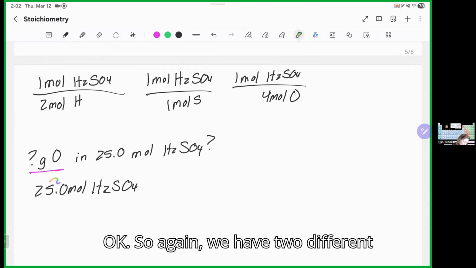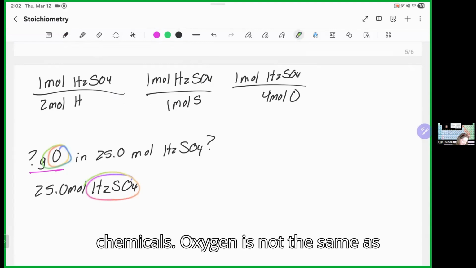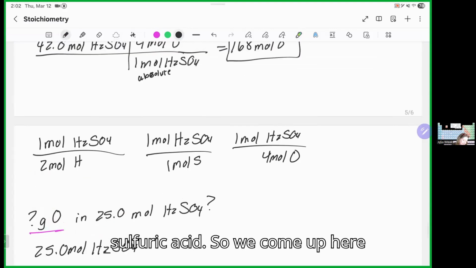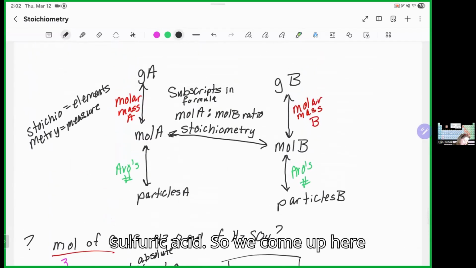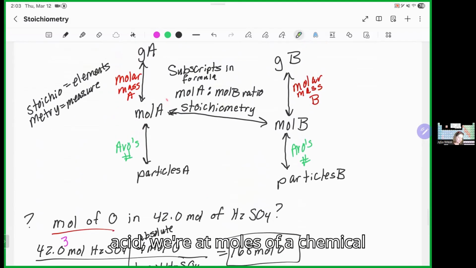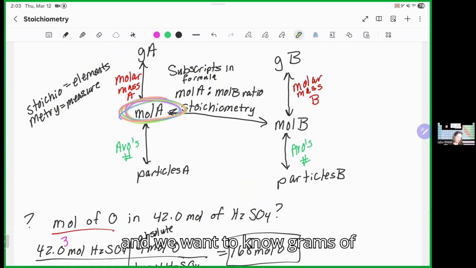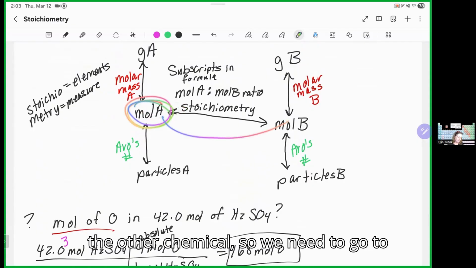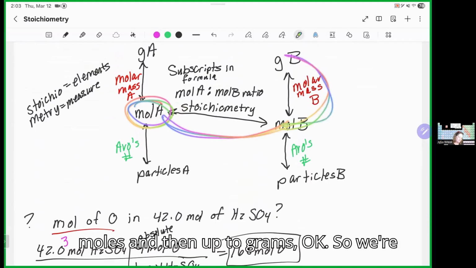Again, we have two different chemicals. Oxygen's not the same as sulfuric acid. So we're at moles of sulfuric acid, moles of a chemical, and we want to know grams of the other chemical. So we need to go to moles and then up to grams.